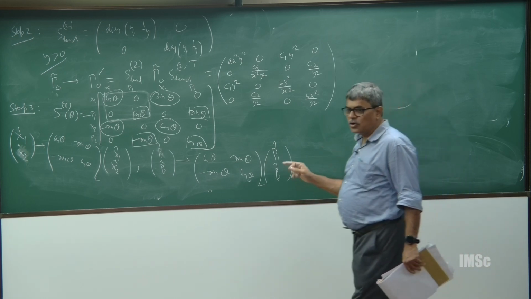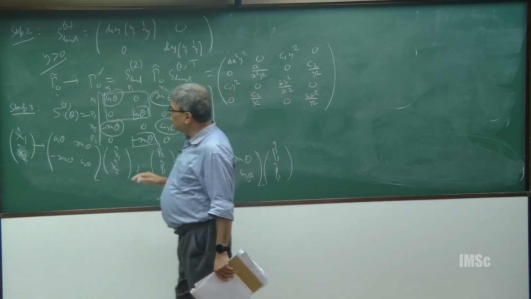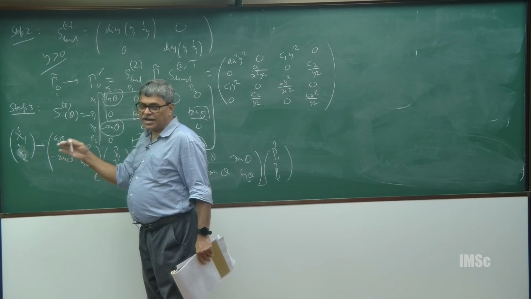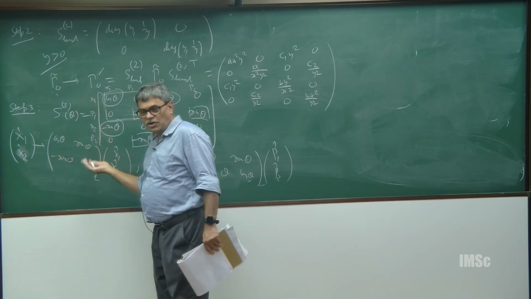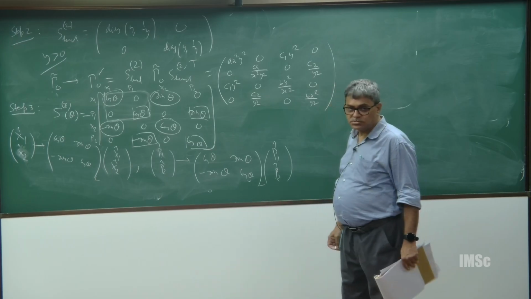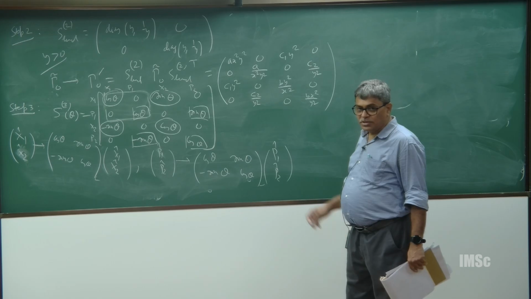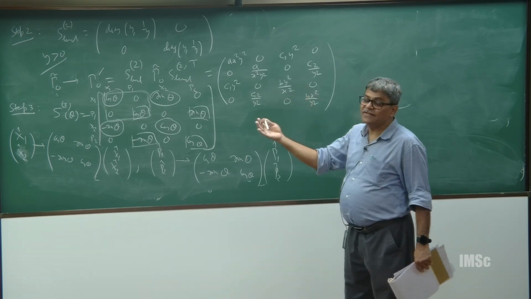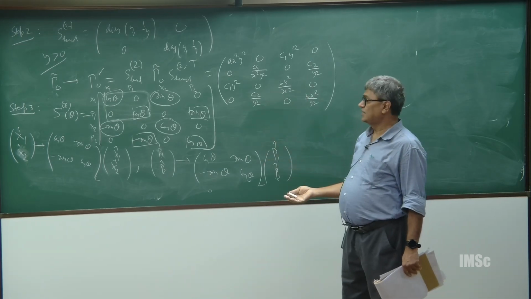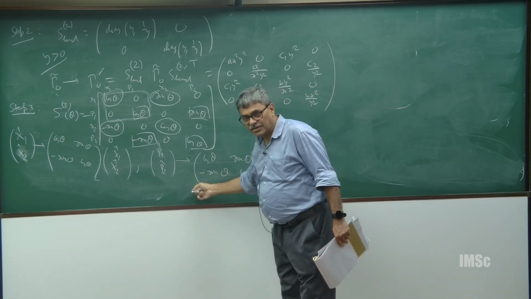But if it is not local, what is the guarantee that it will not change the separability or entanglement character of the state, because it is not local, okay, right. Yeah. So, we will show that if the state is classical to begin with, under such a transformation it will remain classical.